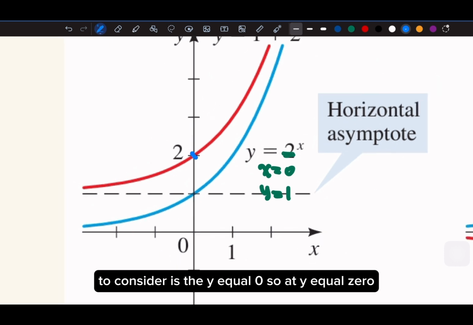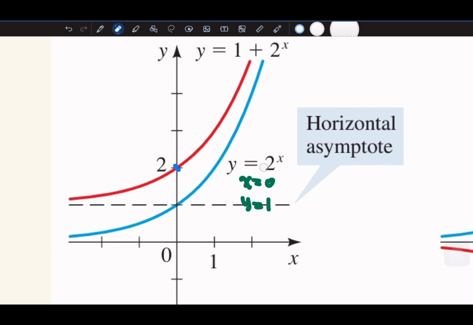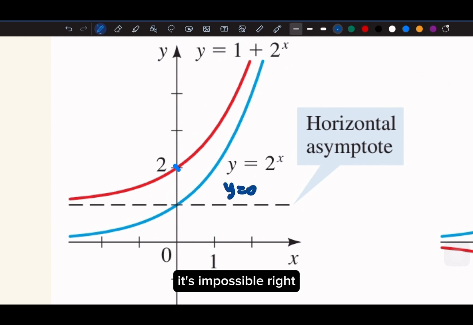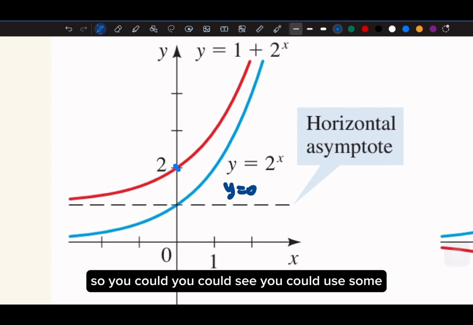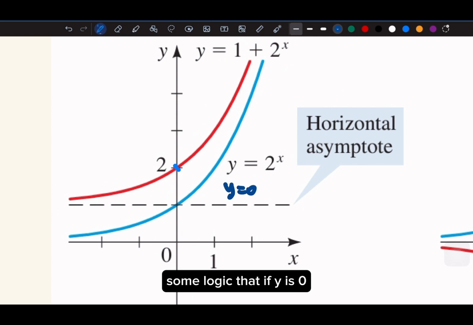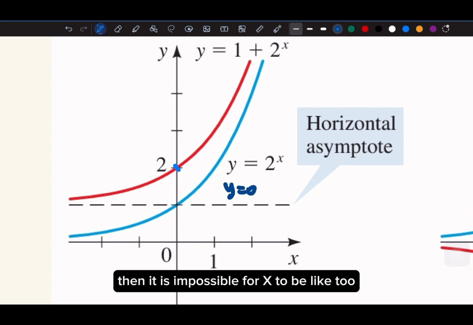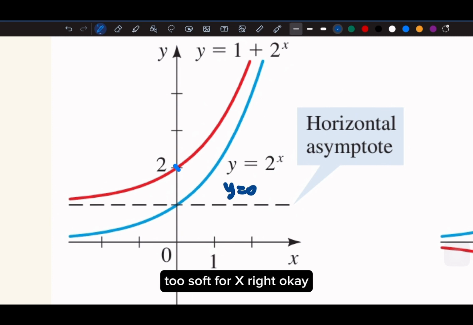So at y equals 0, if y is 0, it's impossible, right? Well, if you learn calculus, you know that we can get close to it, right? But since this is pre-calculus, we are not yet using the limit. So you could use some logic that if y is 0, then it is impossible to solve for x, right?